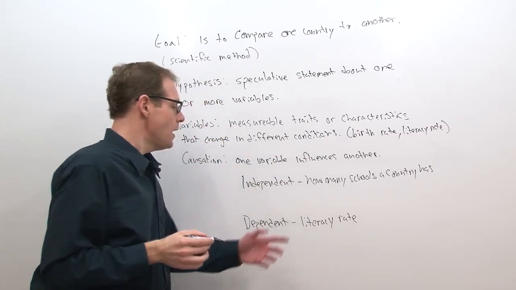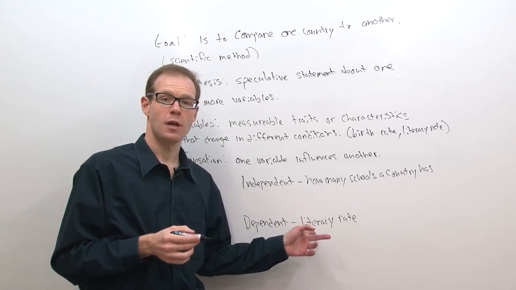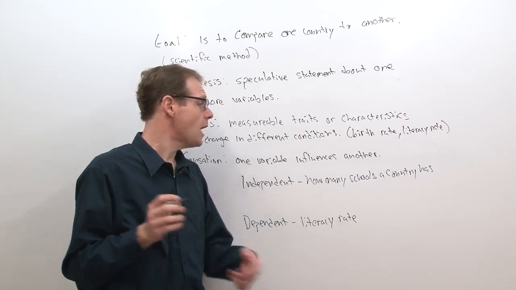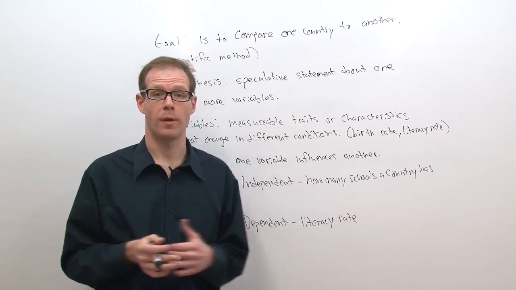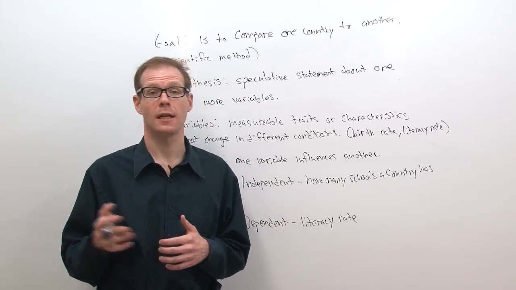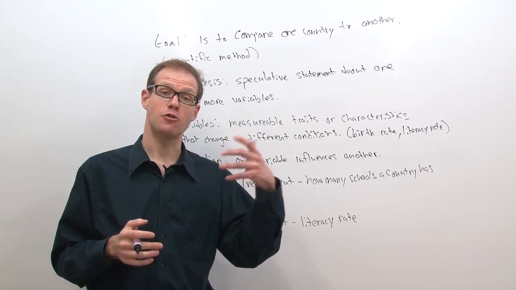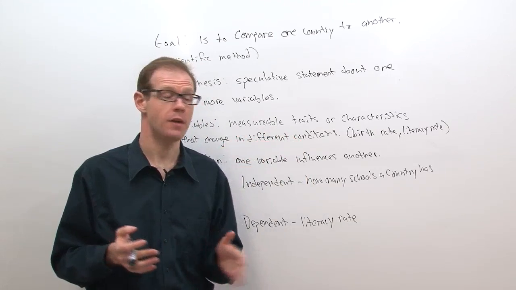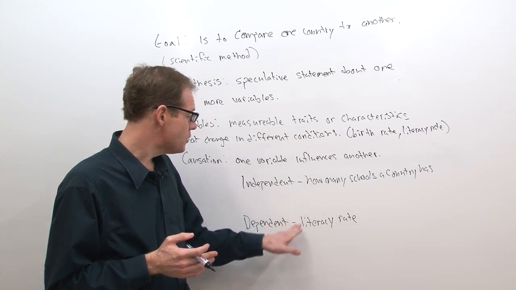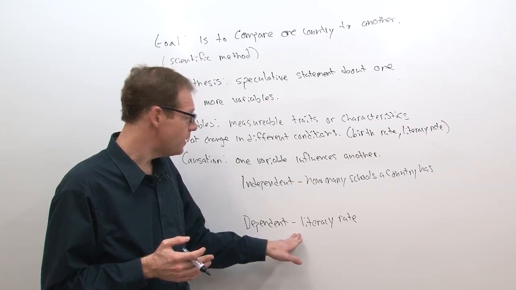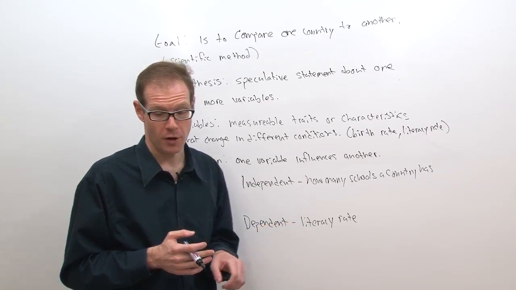How many people in a country can read directly depends on how many schools a country has. If there's more schools, more people will be able to read. If there's fewer schools, less people will be able to read. If the country spends more money on education, obviously more people will be able to read. So here we see the relationship between a dependent variable and an independent variable.